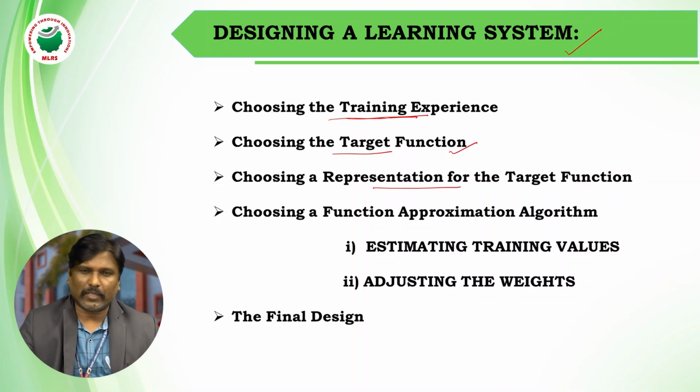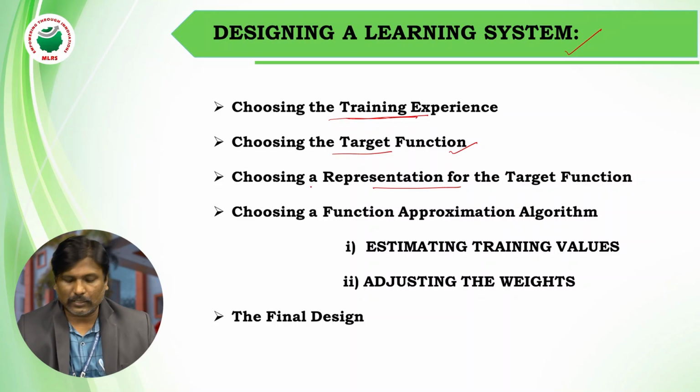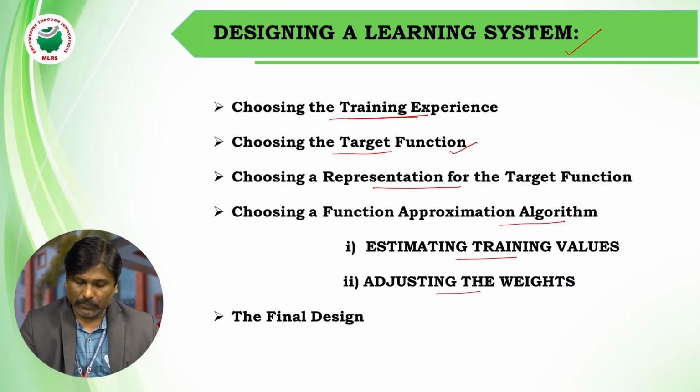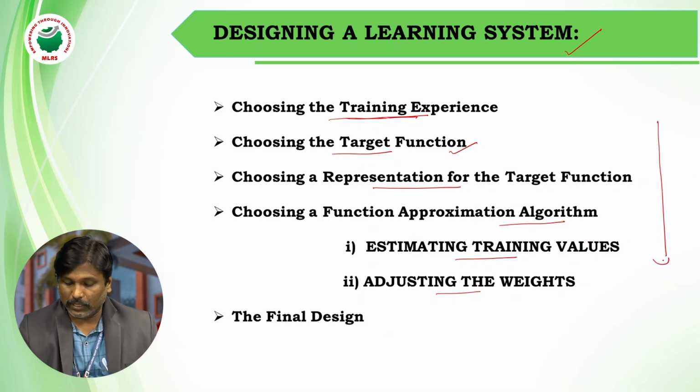Which type of weights we can use, in table manner or in which manner we can represent the target function, is decided in the third step. And the fourth one is the function approximation algorithm. In this algorithm, we estimate the training values and adjust the weights. After completion of all these steps, we move on to the final design.